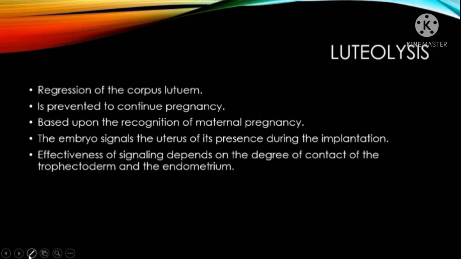So, in order to prevent this, the embryo signals the uterus of its presence during implantation. But the effectiveness of the signaling depends on the degree of the contact of the trophectoderm and the endometrium.